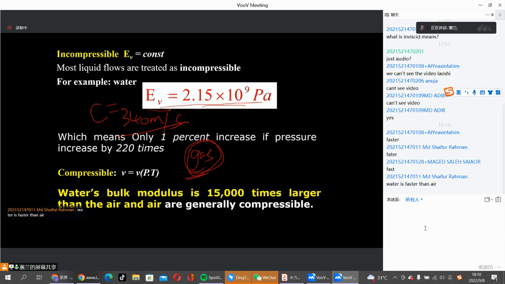One more thing I need to address here is that most of the time we regard water as incompressible, right? But sometimes we need to consider the compressibility of water, just like water hammer. Later on, maybe we will talk about that. So most of the time we can regard water as incompressible, but sometimes we still need to consider its compressibility, because no matter how small the variation of volume is, there is still variation.